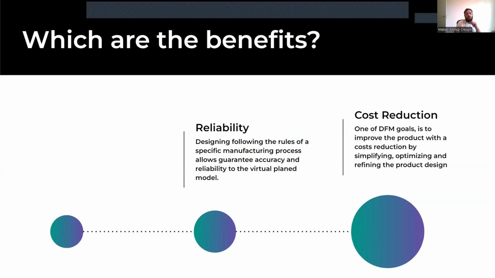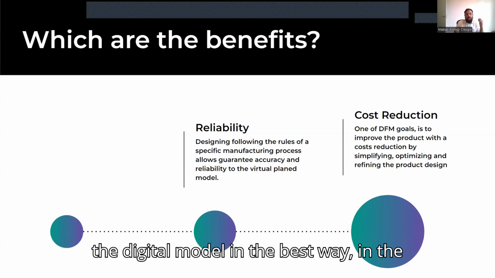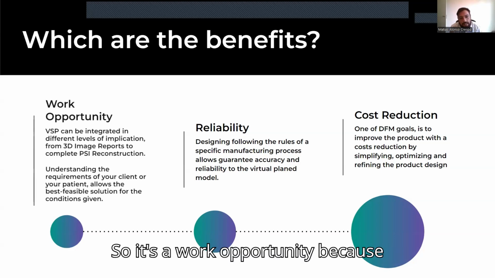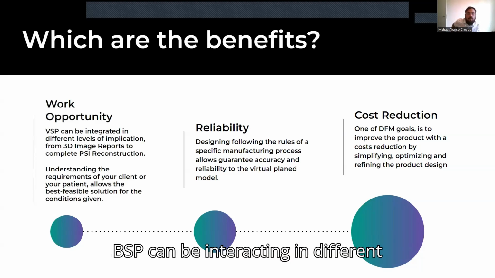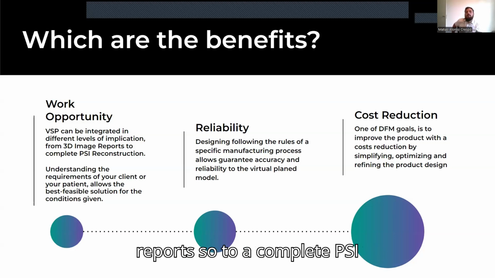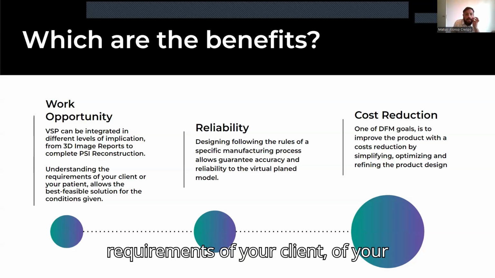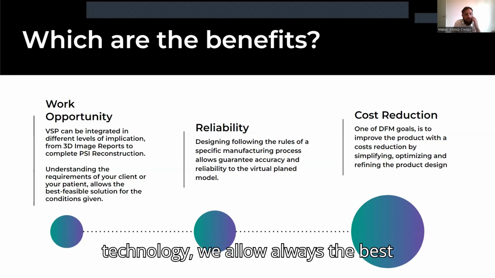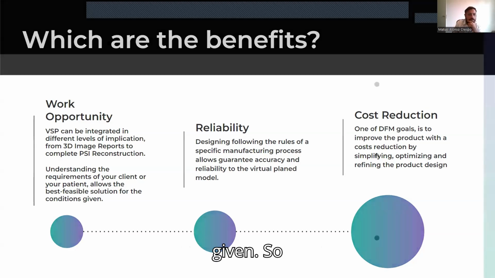We want a physical model that represents the digital model in the most reliable way. It's also a work opportunity because VSP can be integrated at different levels of implication, from 3D image reports to a complete PSI reconstruction. So understanding the requirements of your client, of your patient, and of your available technology will always allow the best feasible solution for the conditions given.